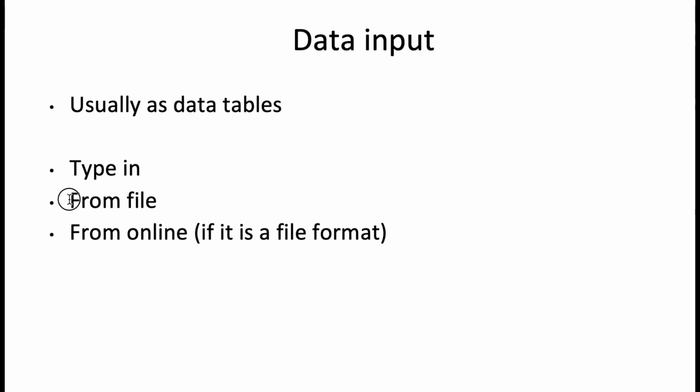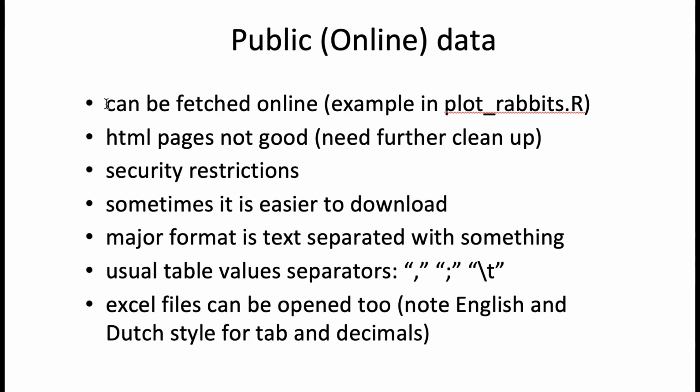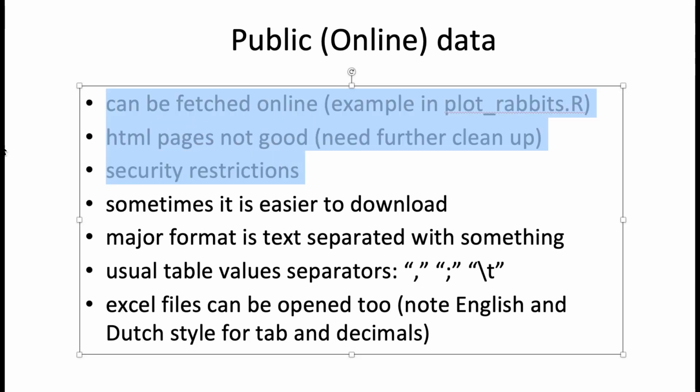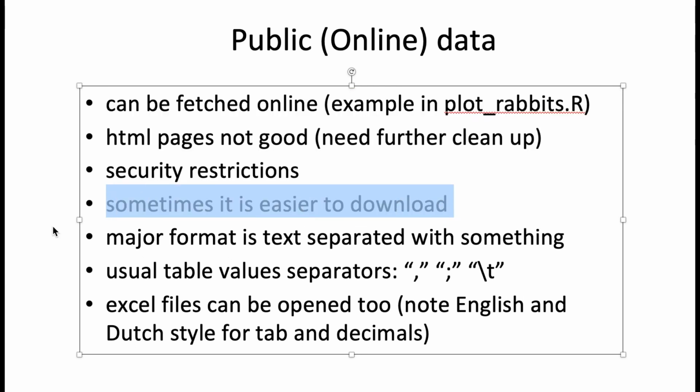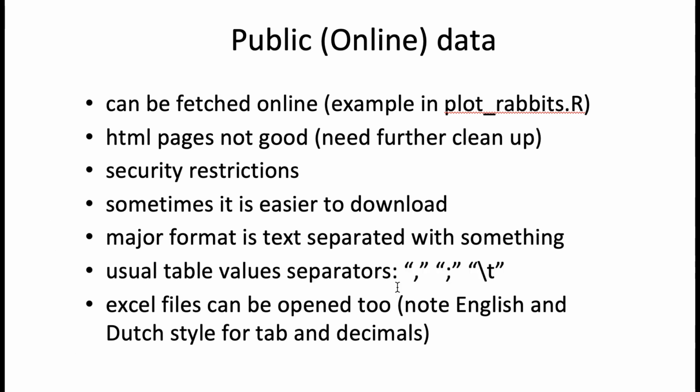But the major exercise is, of course, to get data from your computer, from a file. Well, I already explained this part, and indeed download is easier. The problem with data files of a text type is that there are many different formats.